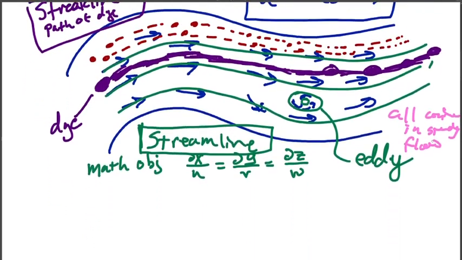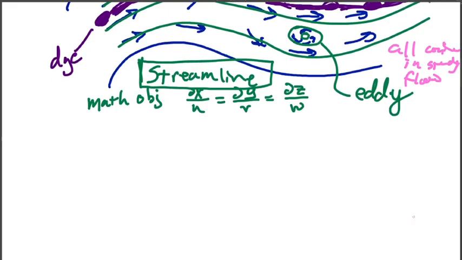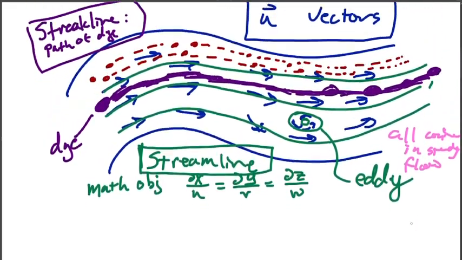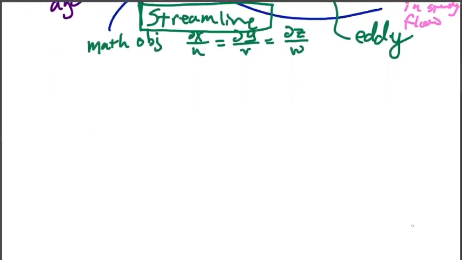Now, I want to introduce one more concept. It is the stream function. So we've learned about streamlines and streaklines. The stream function is another mathematical concept in the flow.